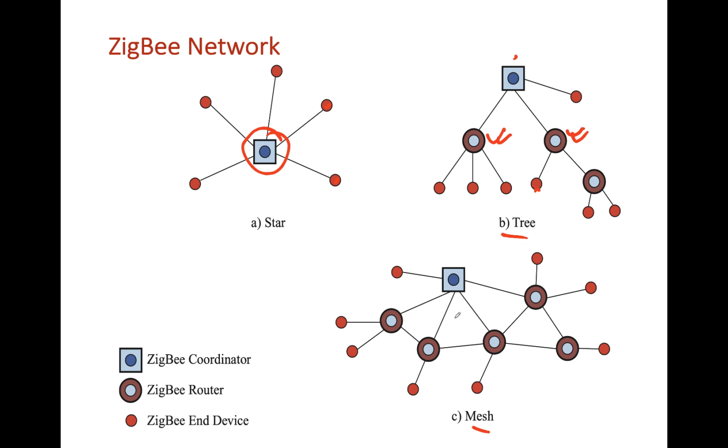The same is true for the mesh network. And whenever you have a complex network architecture like the mesh, you can see that routing becomes very important. Okay, so ZigBee added the routing functionality in the network layer to support this mesh, and also to some extent these tree topologies.